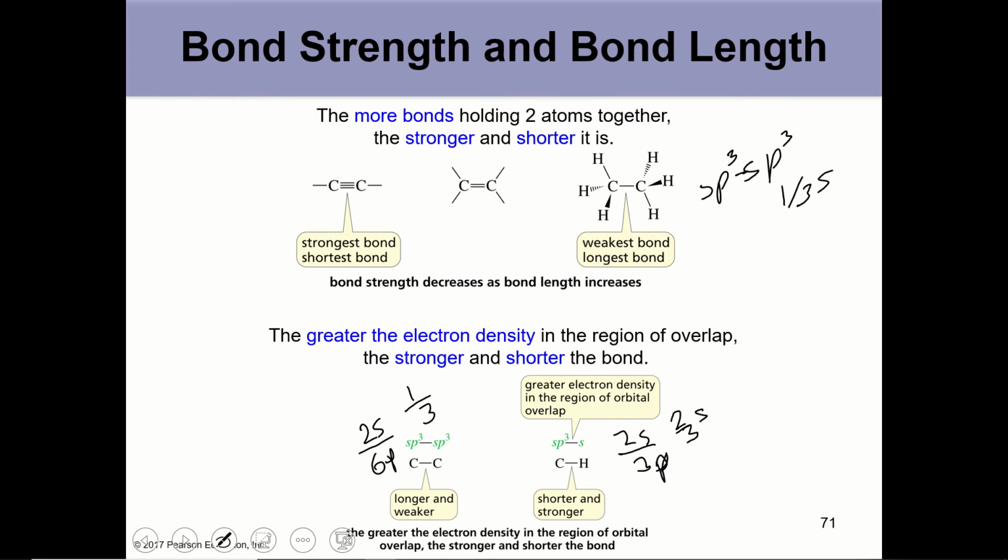One-third s. If you look at the double bond, that is sp2 to sp2 for the carbon double bond. And so that is 1/2 s, because it's 2s to 4p.